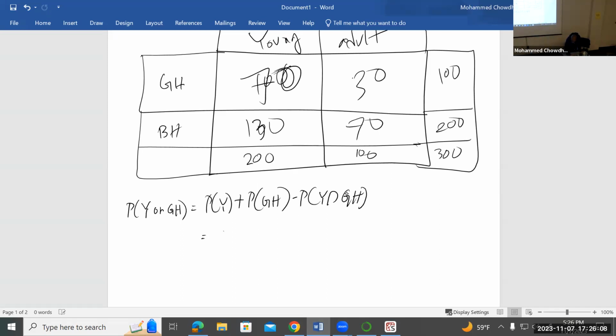Probability of young equals 200 over 300. Good health equals 100 over 300, minus probability of young and good health, 70 over 300. That's the answer. I solved this type of problem in the class. This is problem number 9 and problem number 10.